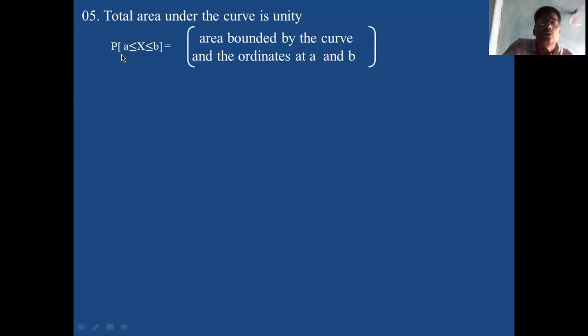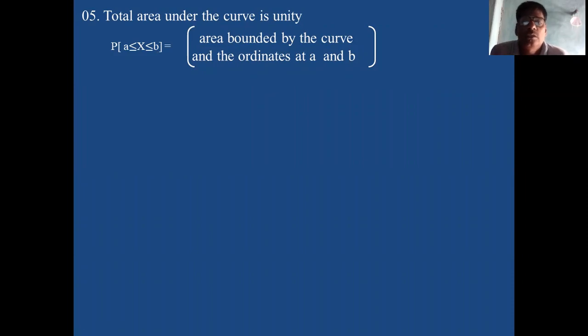So probability of X is greater than A and X is smaller or equal to B. There are two limits, A and B are the limits. And the X value is in between A and B.